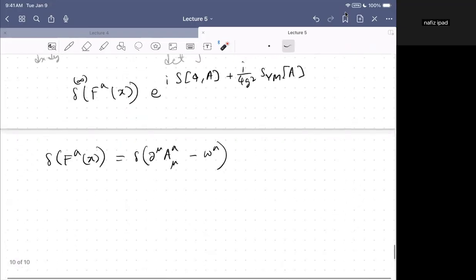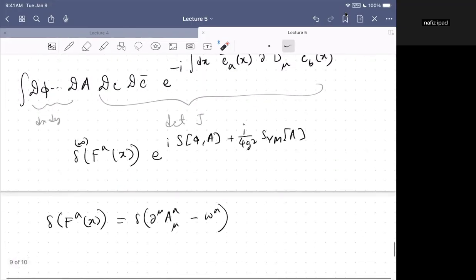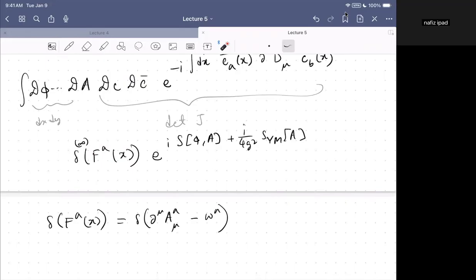Okay. If it doesn't depend on f, that means in particular that it doesn't depend on our choice of this function omega. So whatever function we choose, the value of the integration is the same.